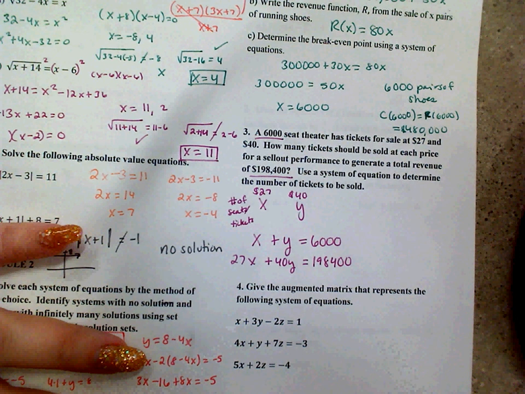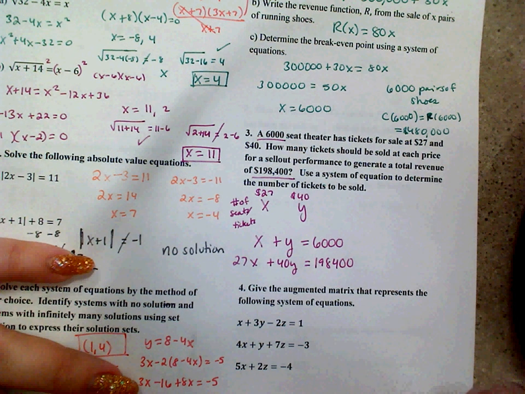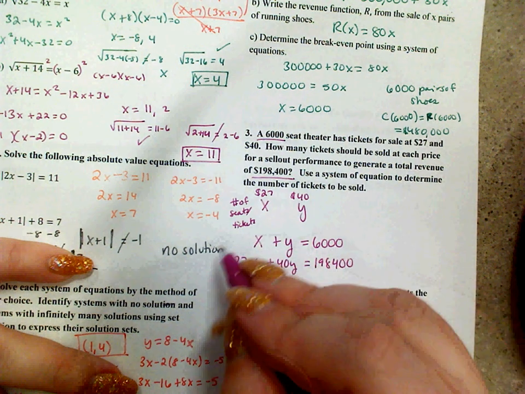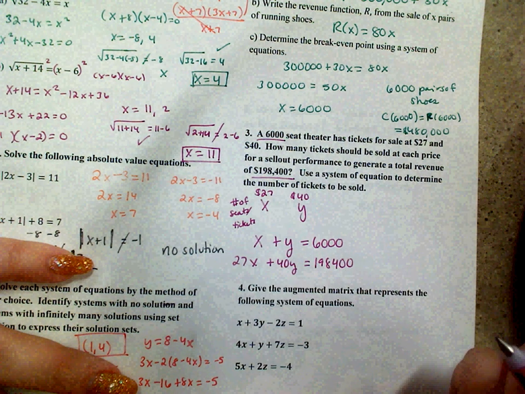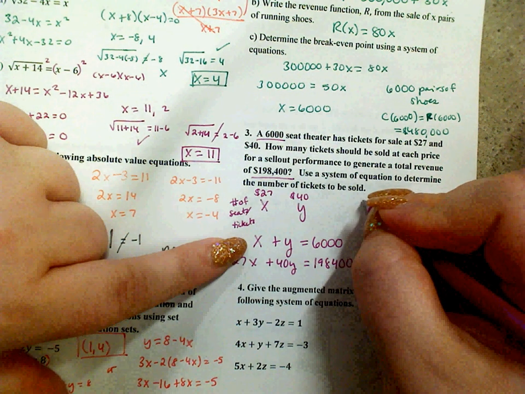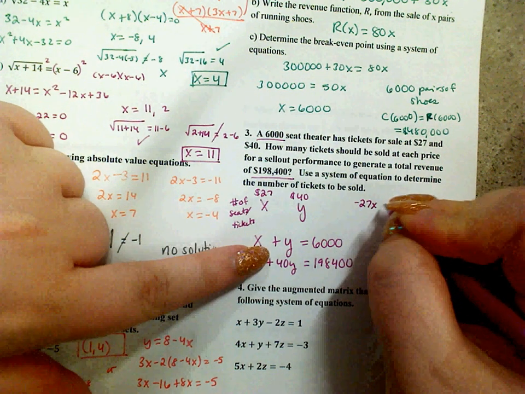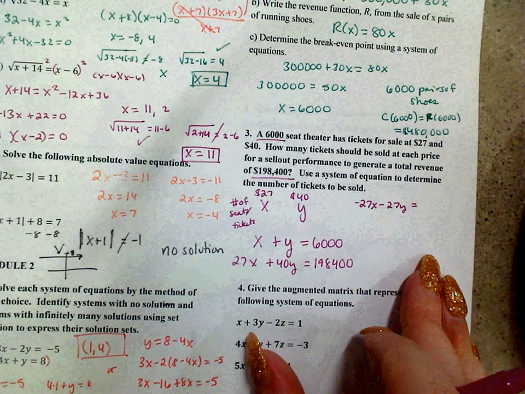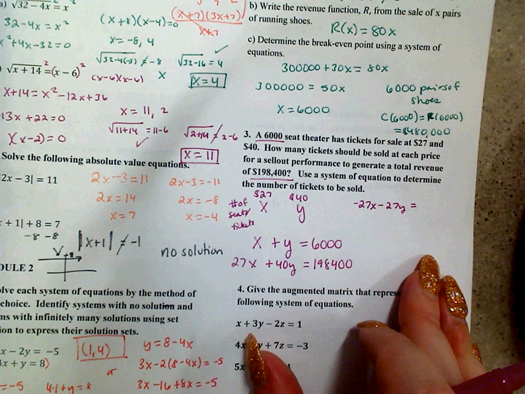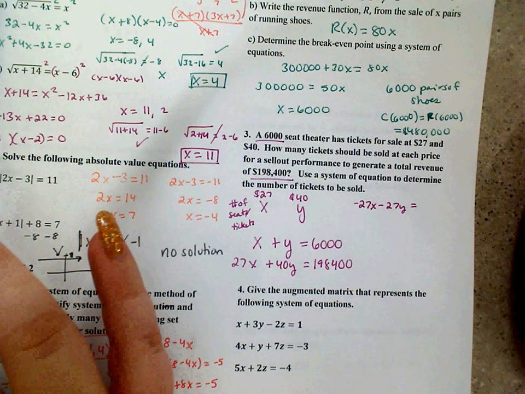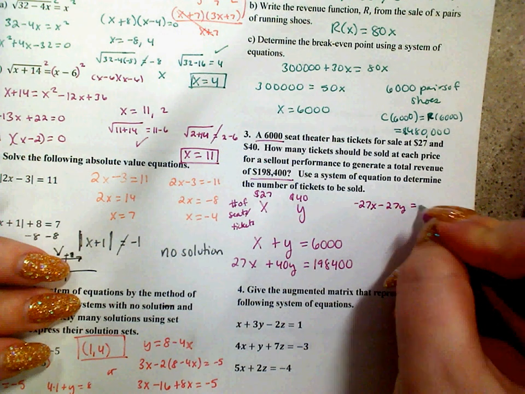I'm going to go ahead and do elimination just to make it easier on myself. I'm going to multiply the top equation by negative 27. So negative 27x and then minus 27y equals negative 27 times 6,000, and that is negative 162,000.